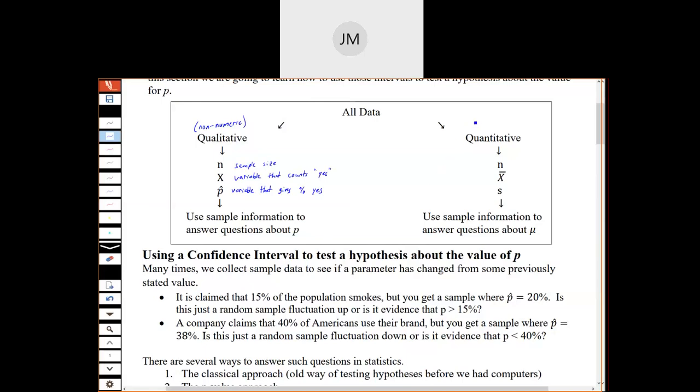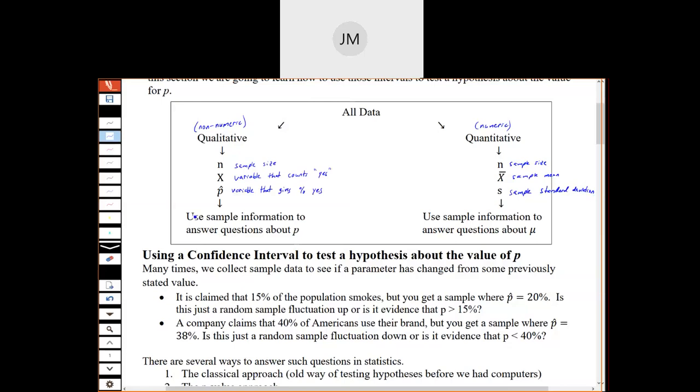Okay. When we have quantitative data or numeric data, n is the sample size again. X bar is the sample mean. And S is the sample standard deviation. So this is like the different information that we can get from a sample based on the type of data.